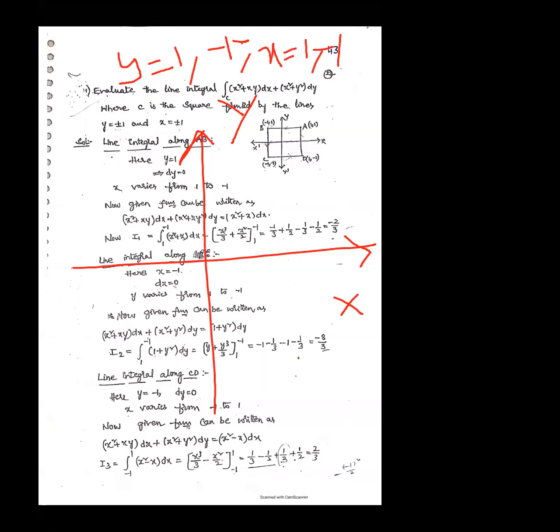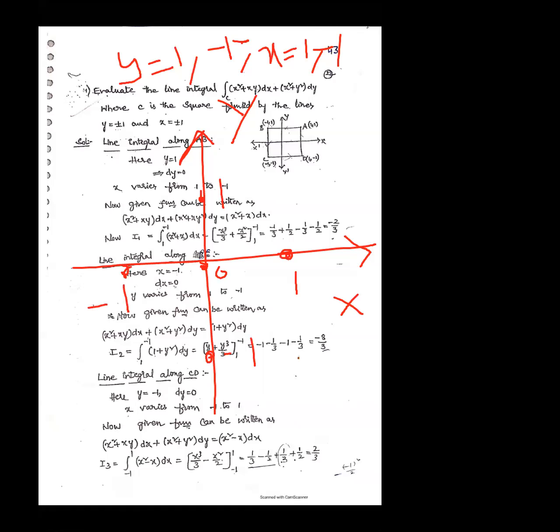This is the origin. First, I identify the points y equal to 1 and y equal to minus 1 on the y axis. Similarly, x equal to 1 and x equal to minus 1.